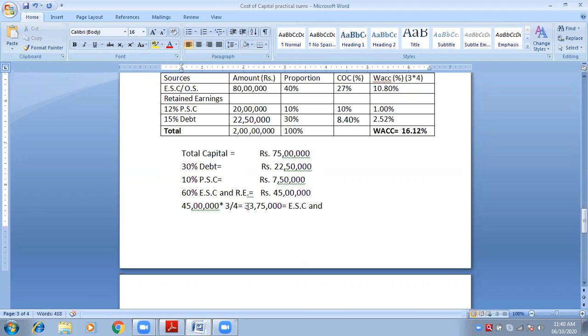And this same 45 lakhs, 1/4 part will be what?